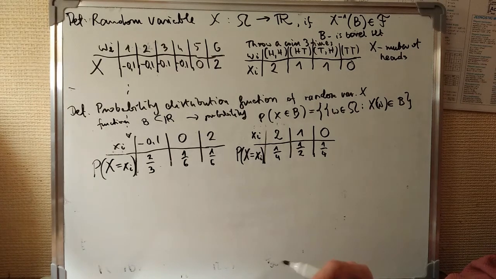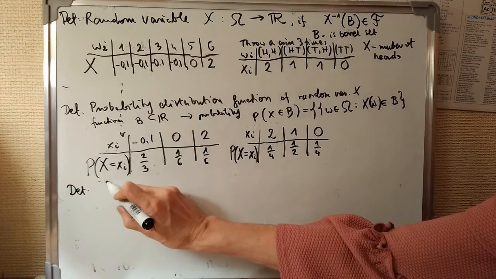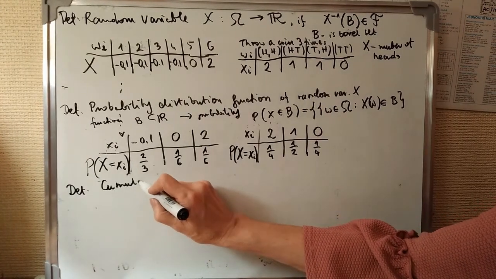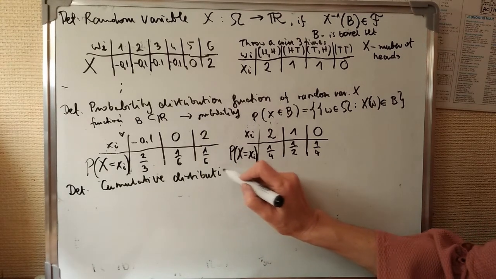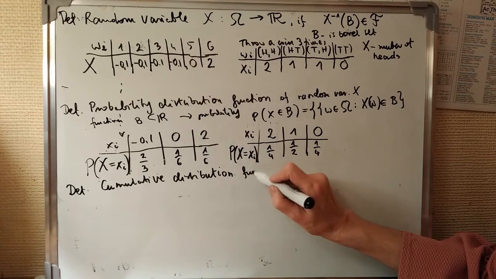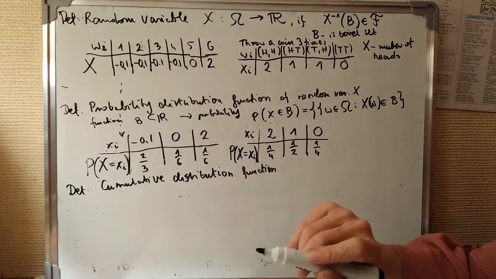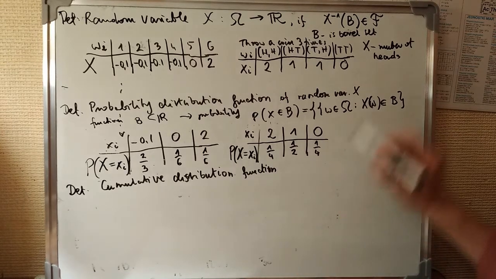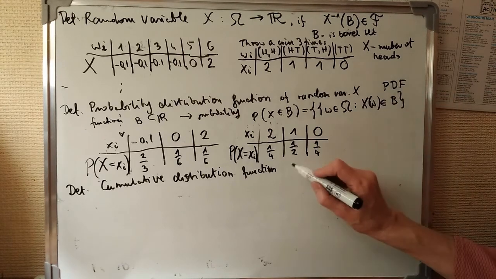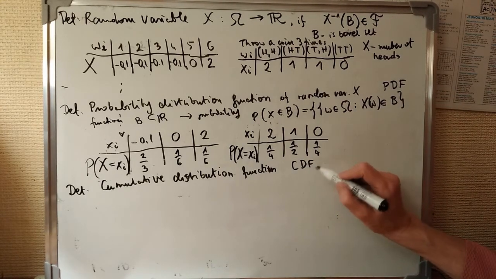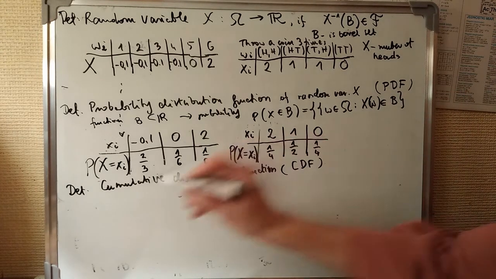Now, one more definition. So we have the cumulative distribution function. The cumulative distribution function, as opposed to the probability distribution function, this is PDF, this is CDF, is the following function.